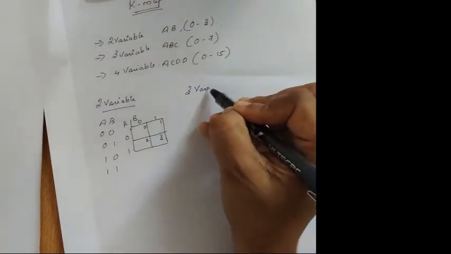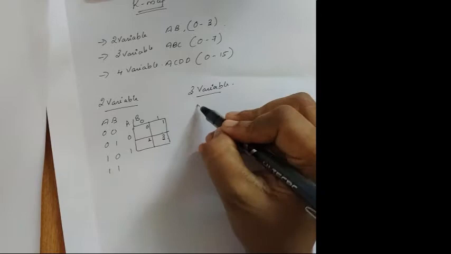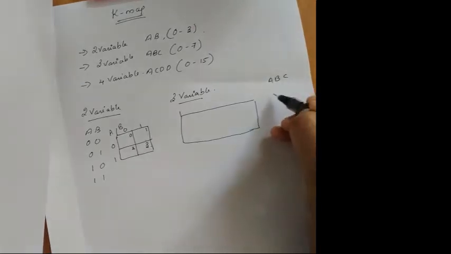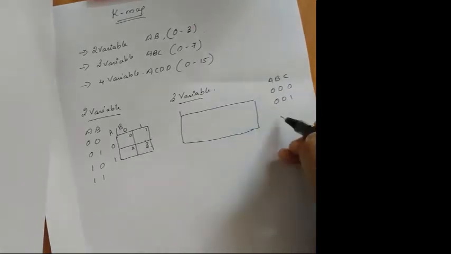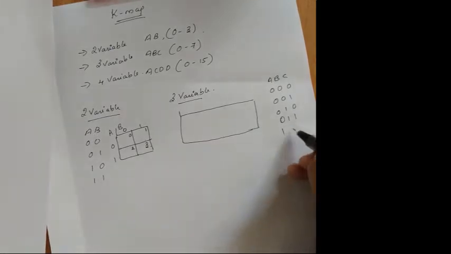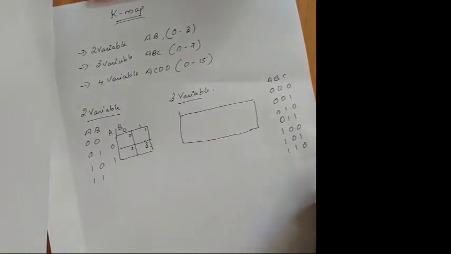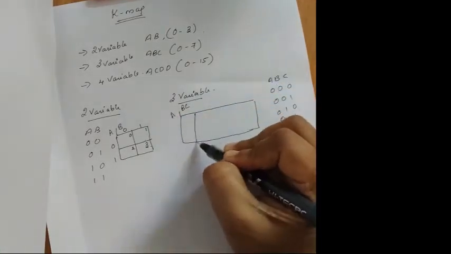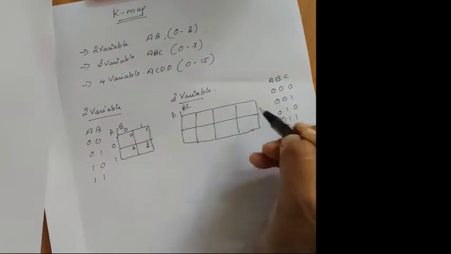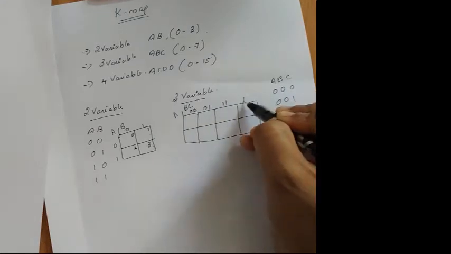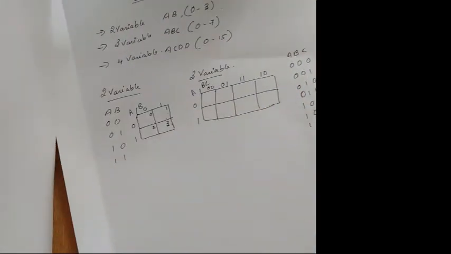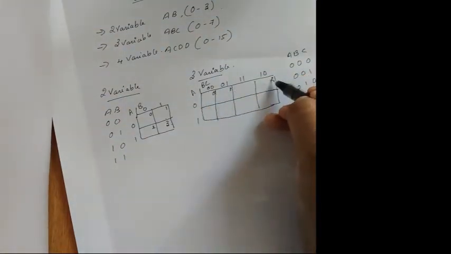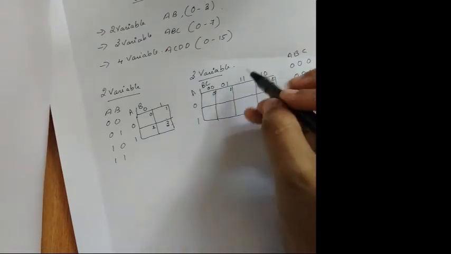Next, 3 variable. It varies over A, B, C: 000, 001, 010, 011, 100, 101, 110, 111. Okay. So A, B, C. You can obtain 000, 001, then 010 is over here, because you are using gray code conversion where only one bit should be changed.